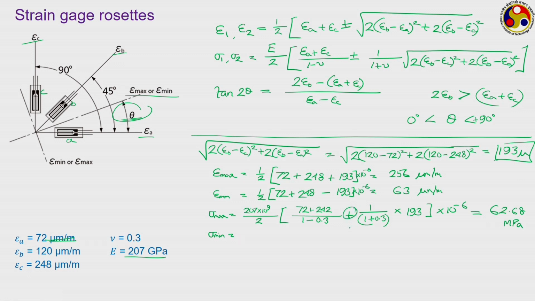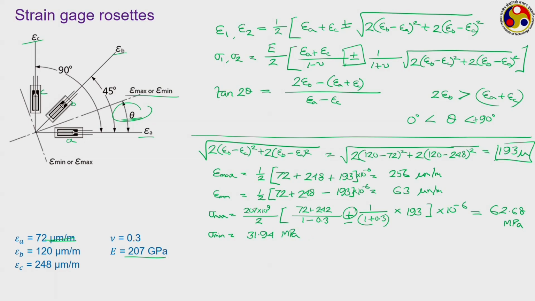Here this positive sign will become negative, because we have this plus minus sign. So once we put the minus sign, you will get 31.94 MPa. I am just giving you the final numbers, you can calculate and get the final values.